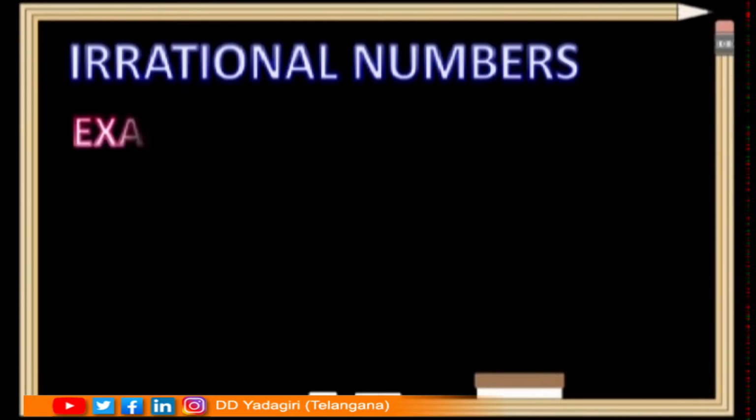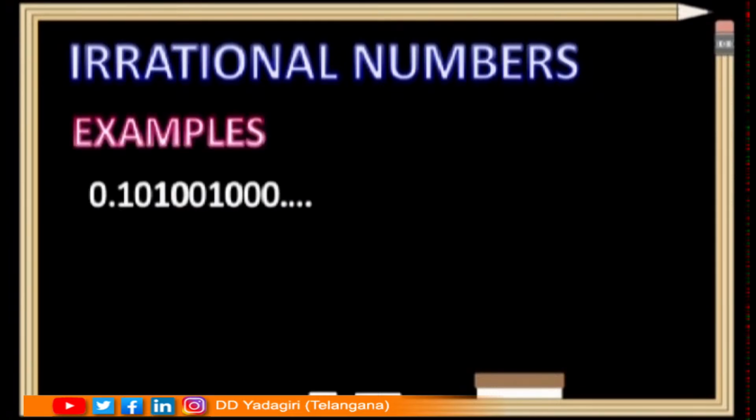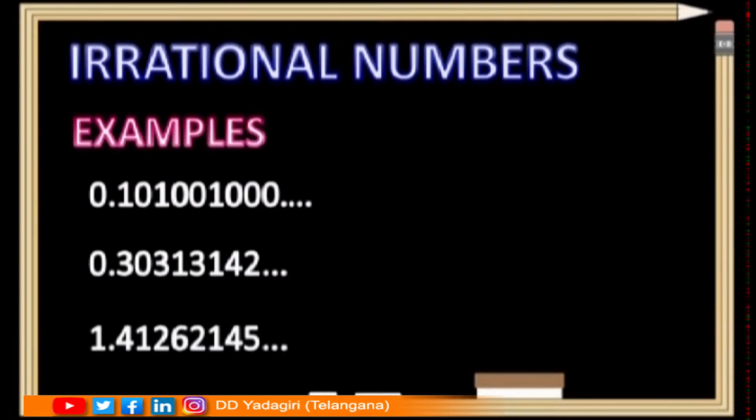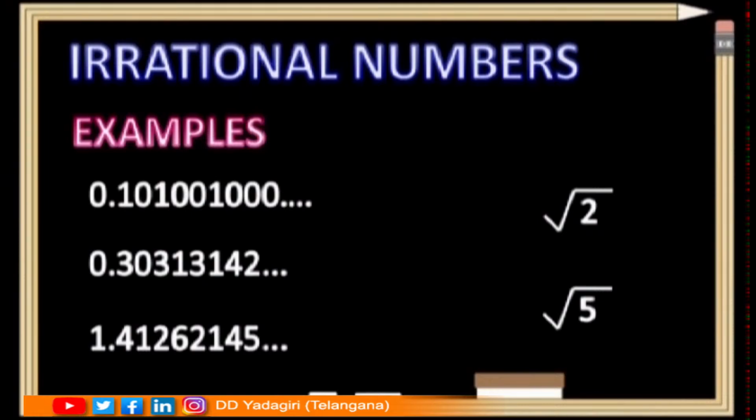Now some more examples of irrational numbers. These are three more examples of irrational numbers, which are neither terminating nor repeating decimals. These are non-terminating non-recurring decimals. Some more irrational numbers are in other forms also, like root 2, root 5.